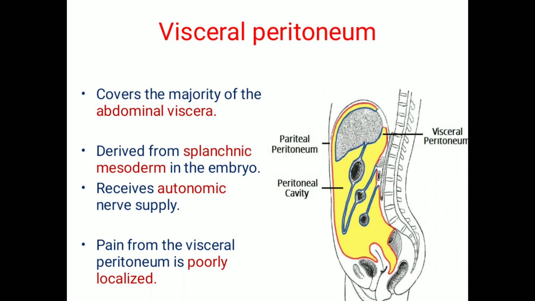The visceral peritoneum has the same autonomic nerve supply as the viscera it covers. That is why the pain from the visceral peritoneum is poorly localized and is only sensitive to stretch and chemical irritation.